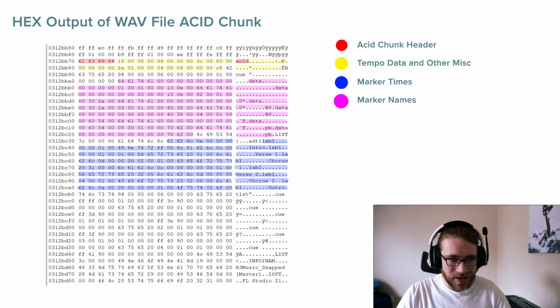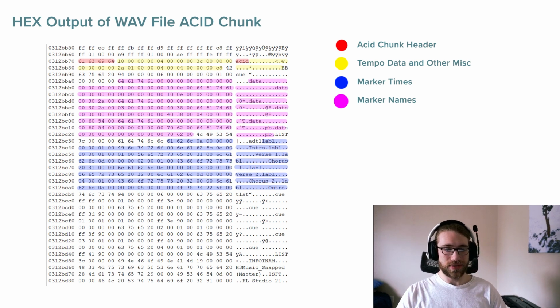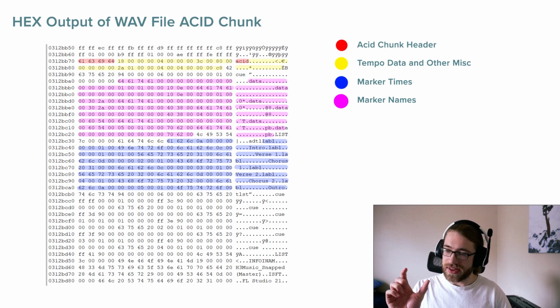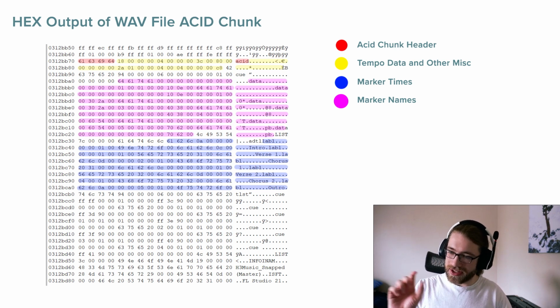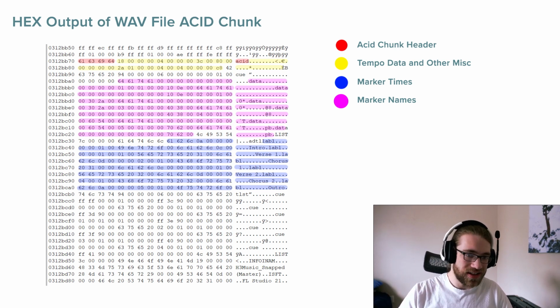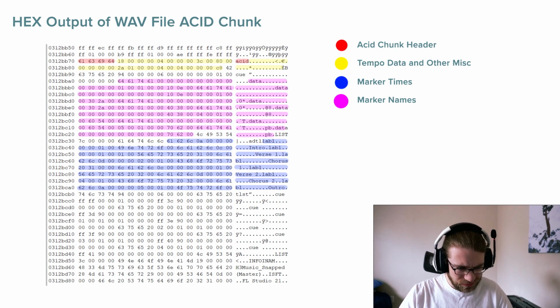The other interesting thing about WAV files is the marker names are stored in different spots than the marker times. Inside the label sub-chunks of the ACID chunk, that's where they store the names of the markers, but the actual times are stored in a separate chunk that just says data, and then I believe a blank character.